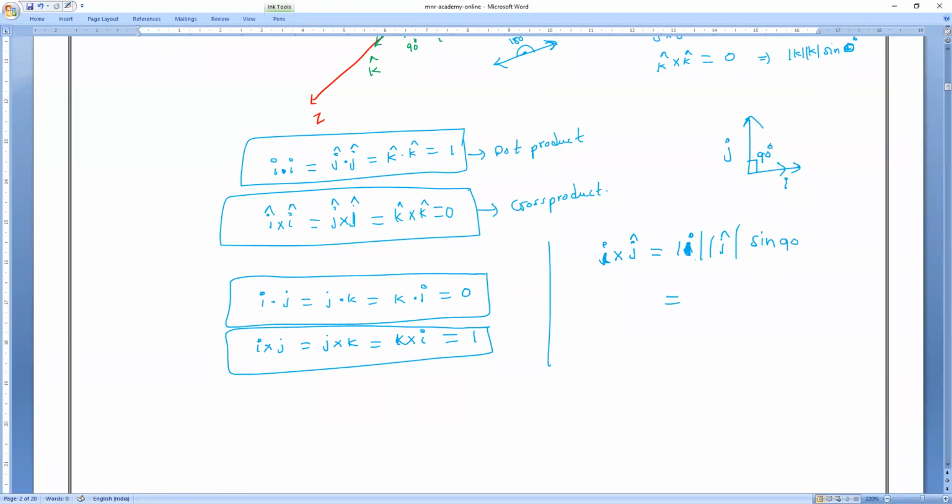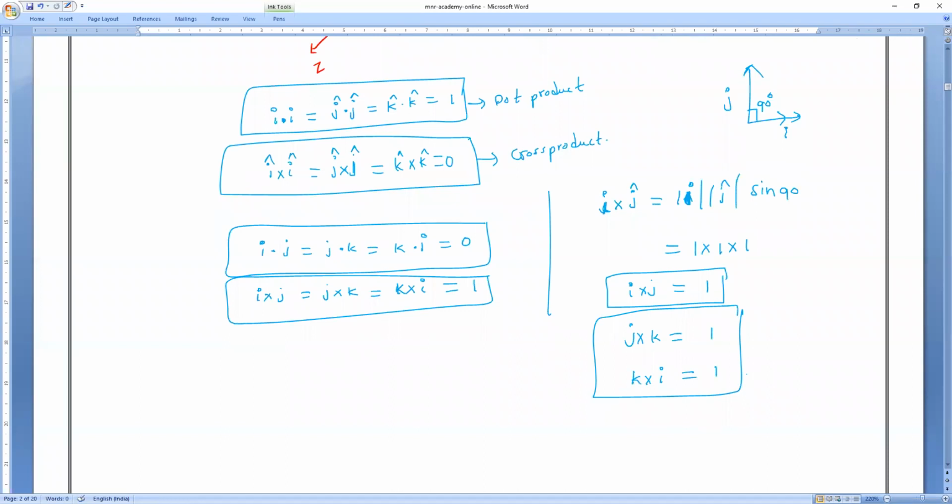Unit vector mod 1, sine 90 also how much? 1. So I cross J is equal to 1. Same way, J cross K is equal to 1. Same way, K cross I is equal to what? All of you, 1. Understand now? Everybody clear? Yes, sir.